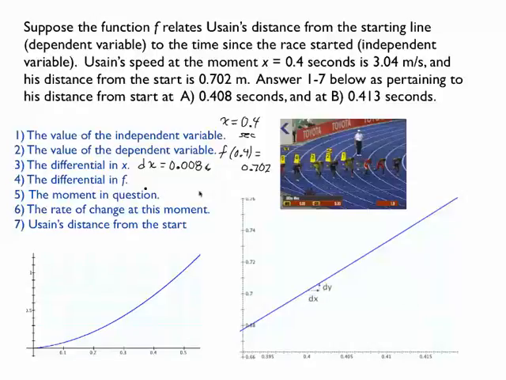seconds. And then what's the differential in f, or df? How would you find it? You've got the differential in x, 0.008. We worked hard on this. Who learned something? What's the differential in f?